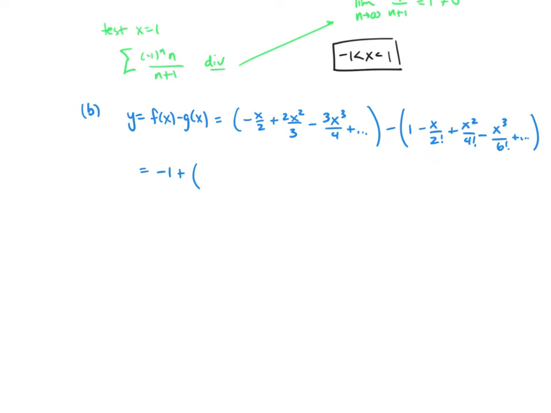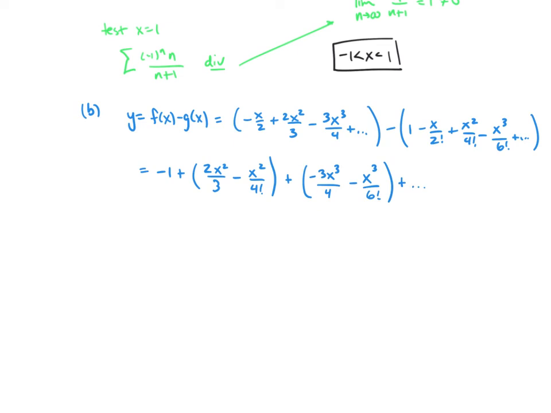My next term is x to the second, and so I have 2x squared divided by 3 minus x squared divided by 4 factorial. My next term would be the cubed term, which would be negative 3x cubed over 4 minus x cubed over 6 factorial, and this pattern obviously would continue.